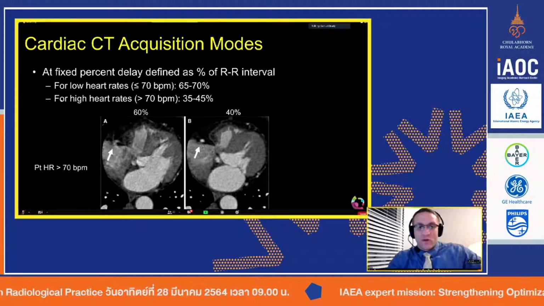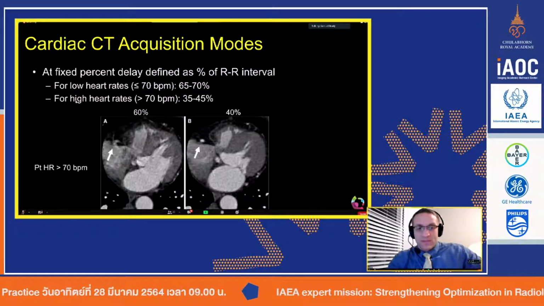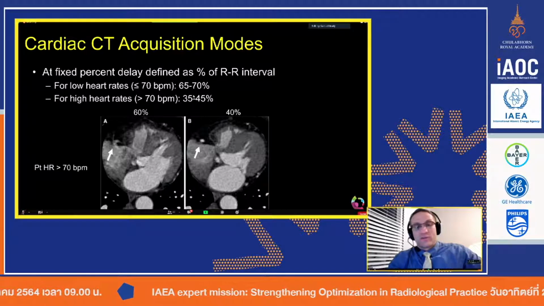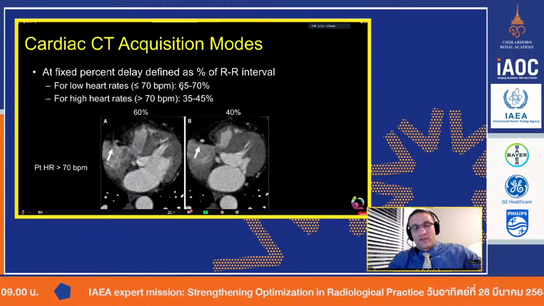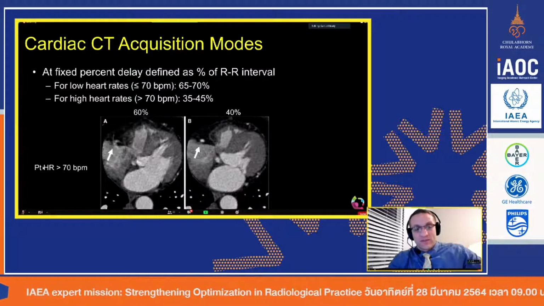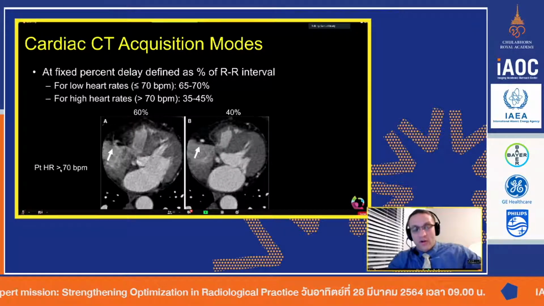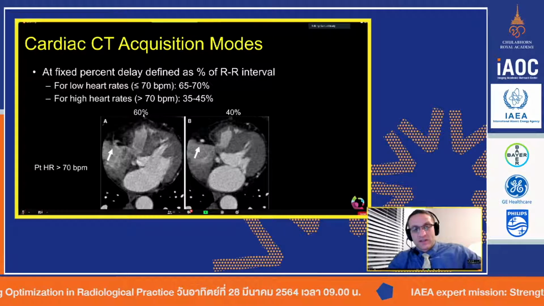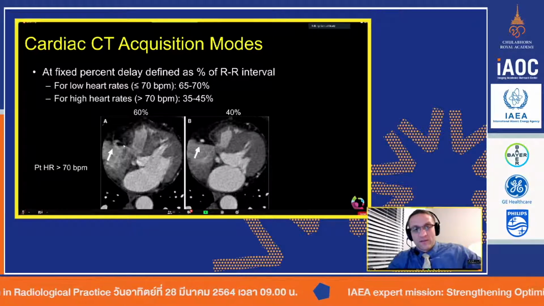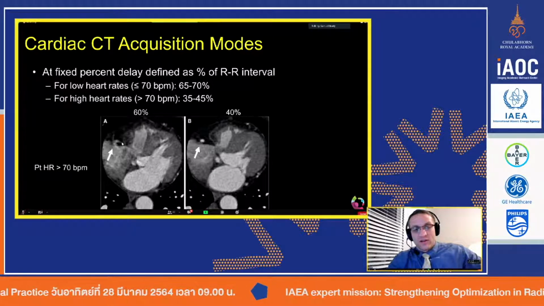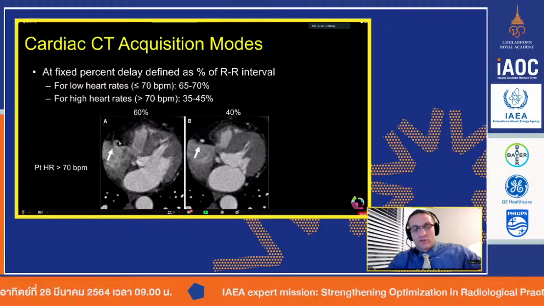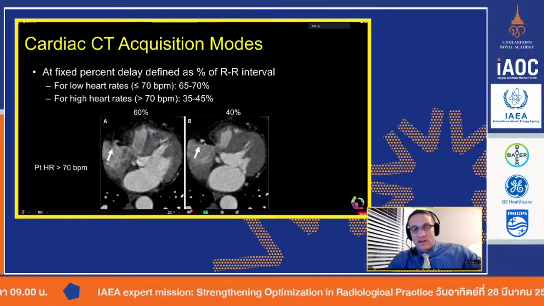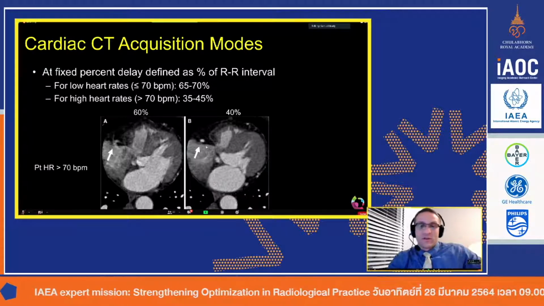And if the patient had a higher heart rate, anything over 70, then they actually preferred 35 to 45%, somewhere in that range. Here's an example. This patient had a heart rate over 70 beats per minute. When they reconstructed at the 60% interval, you can see the artery doesn't look as good. The motion is blurred out. But if you imaged it at 40%, it's a lot more crisp and a lot more defined.